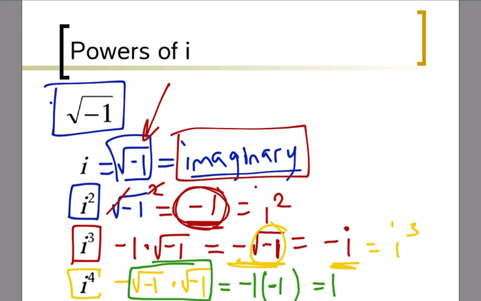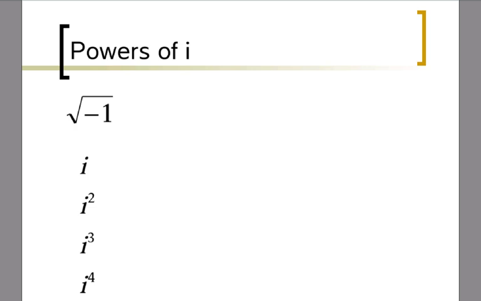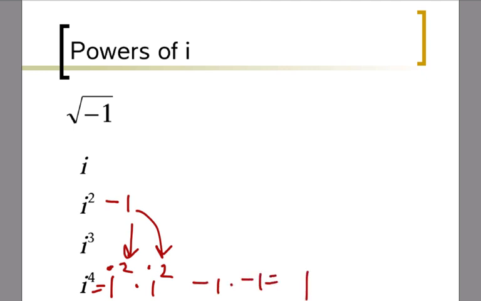Another way of looking at it is i squared times i squared. i squared we said is negative 1, so we could just say it's negative 1 times negative 1. So that's another way of looking at it, to say that it's positive 1.